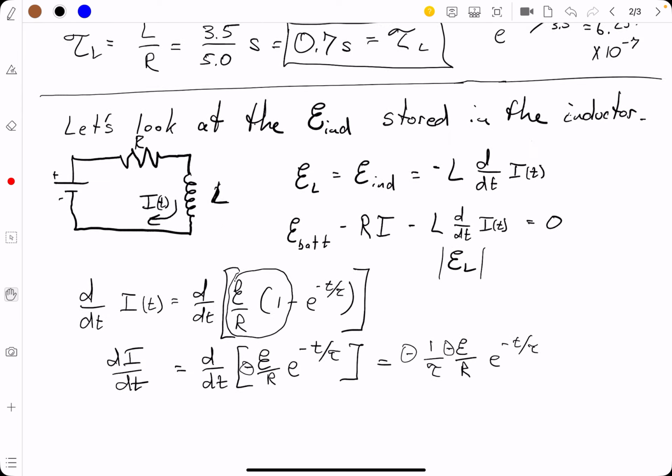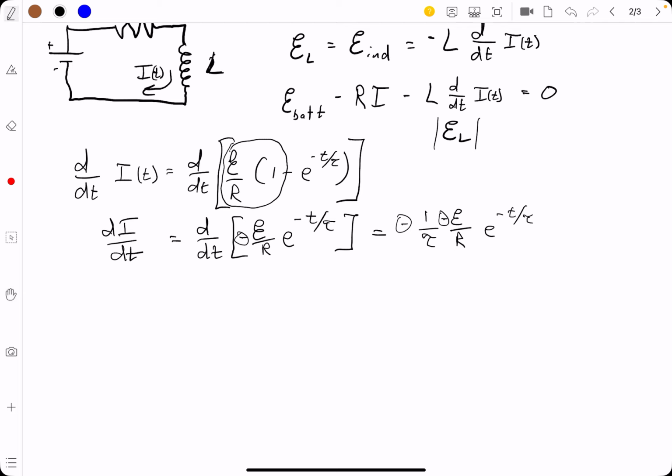Okay, so now let's go back to what E of L is. We've got E of L is equal to L times these things, right?